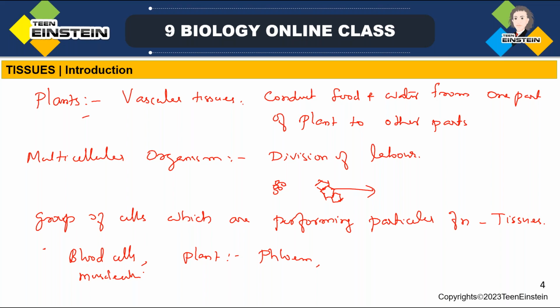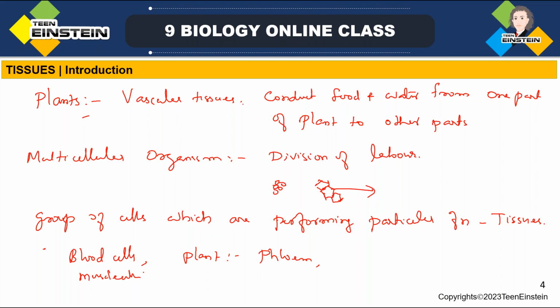The result should be the maximum. So in that way, their structure is defined. The structure is formed in such a way. So a group of cells having similar structure and an assigned particular work will together perform and give a maximum result. So that is called a tissue.